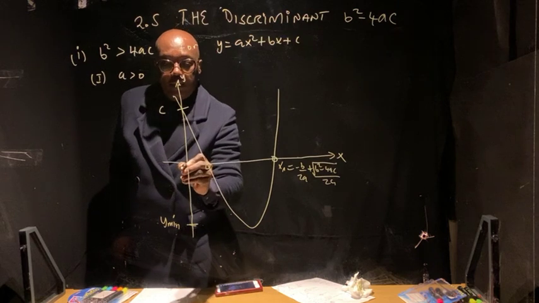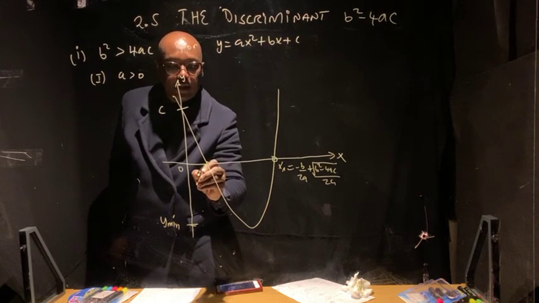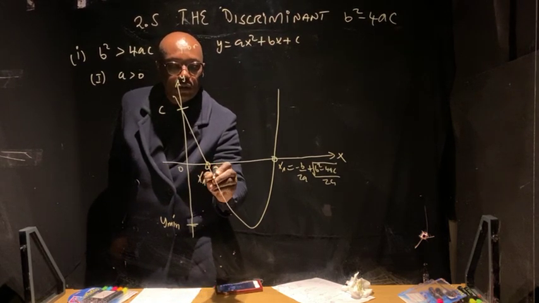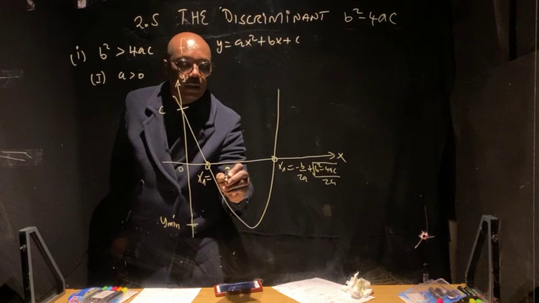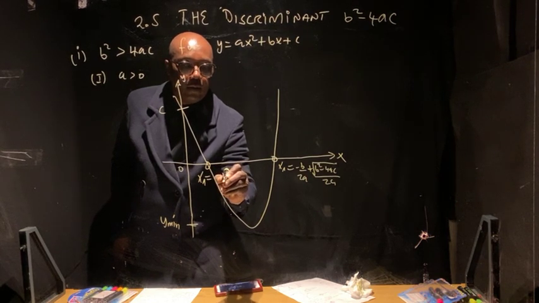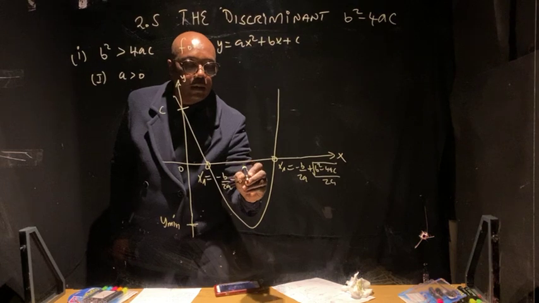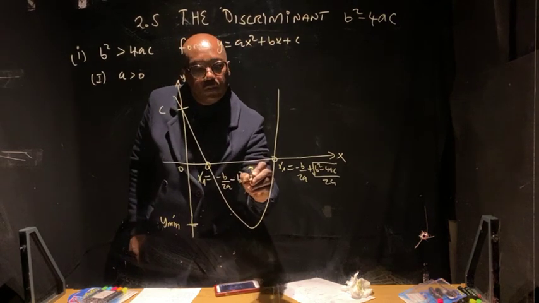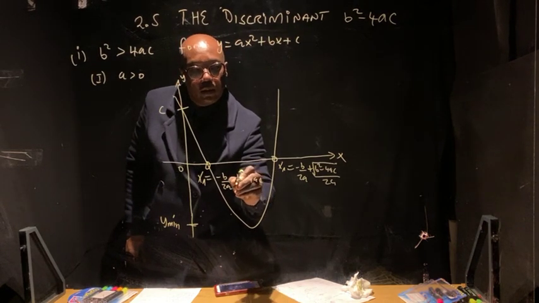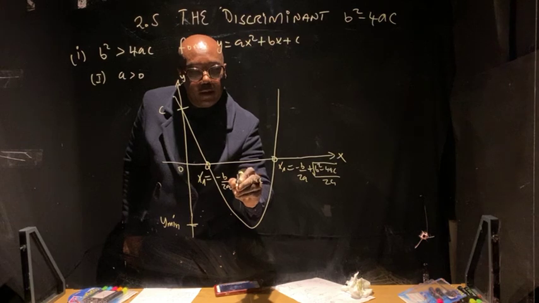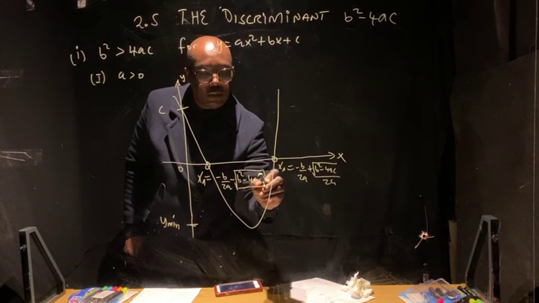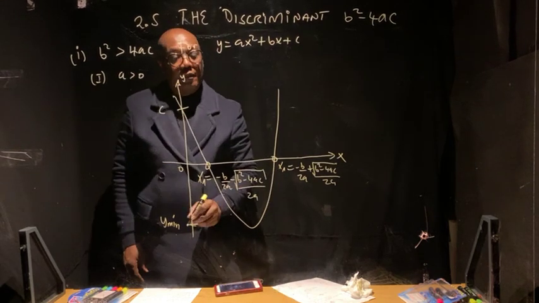And this is the origin, and this one is x2 equals negative b over 2a minus the root of b squared minus 4ac over 2a.